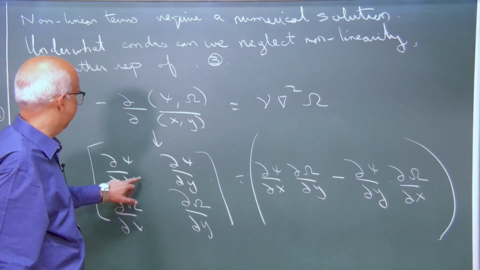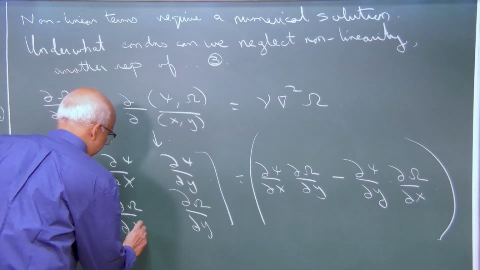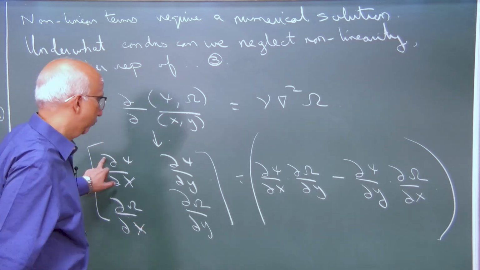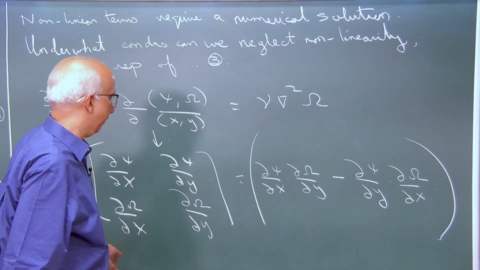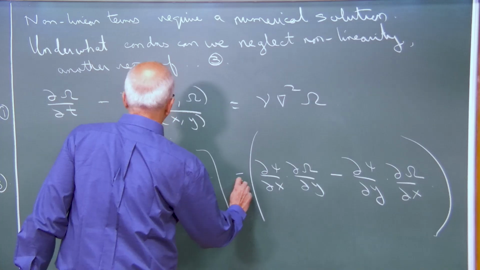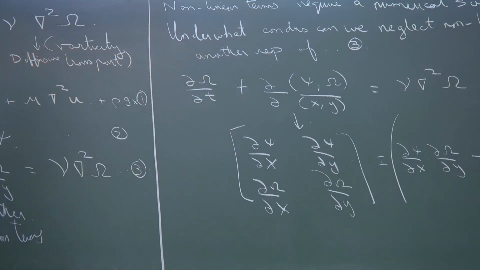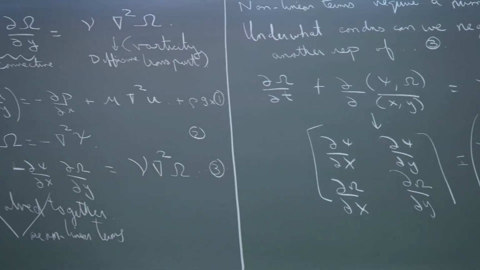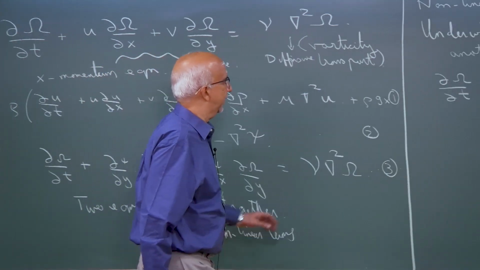D psi by dx, d psi by dy, d omega by dx. So this is d psi by dx multiplied by d omega by dy minus this, and therefore there won't be any plus sign here.